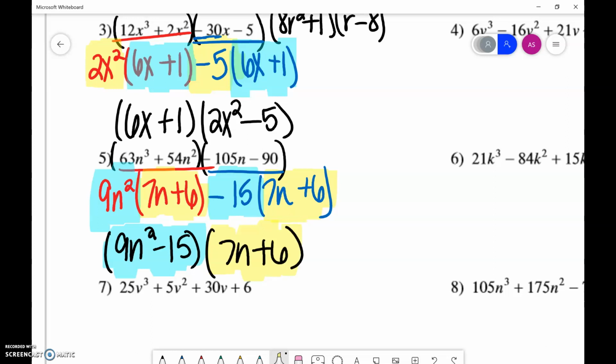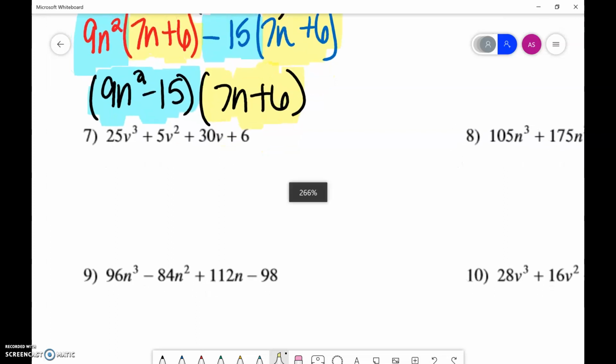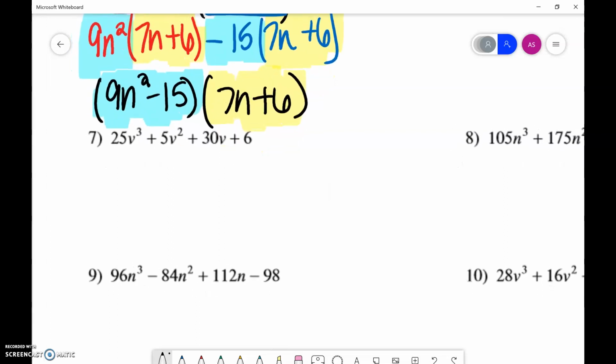All right. Let's look at number 7. So again, first step, group them together. Okay, then from here, I'm going to factor out my GCF again. So I have 5v squared. On the inside, I'll have 5v and I'll have 1.